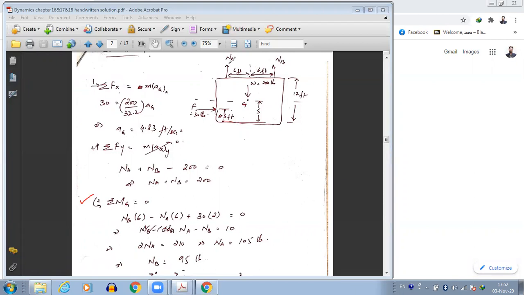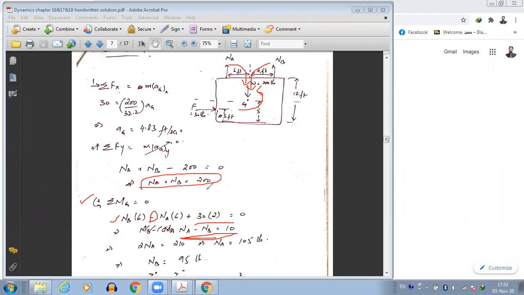NA will have a moment arm at G like this, so the moment for NA will be negative. The moment for NB will be counterclockwise, so it will be positive. And this 30 pound force will have a moment like this at G, so this is also positive. So here we have another equation for NA and NB. So we have two equations here.